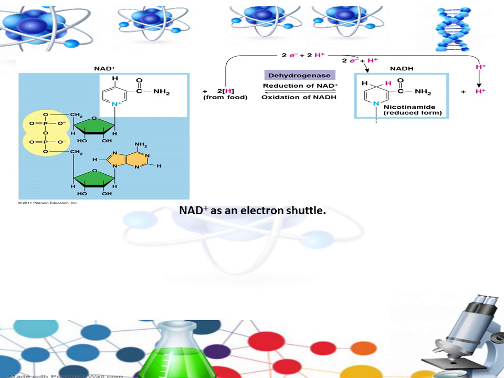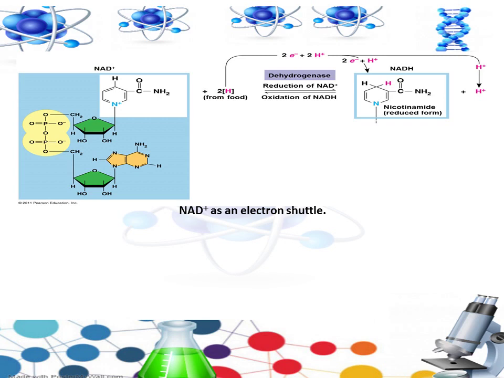So this is the structure. On the left side is the structure of NAD plus, nicotinamide adenine dinucleotide. So when it accepts the hydrogen atom which contains the electron from the food, okay, it will be reduced to NADH.